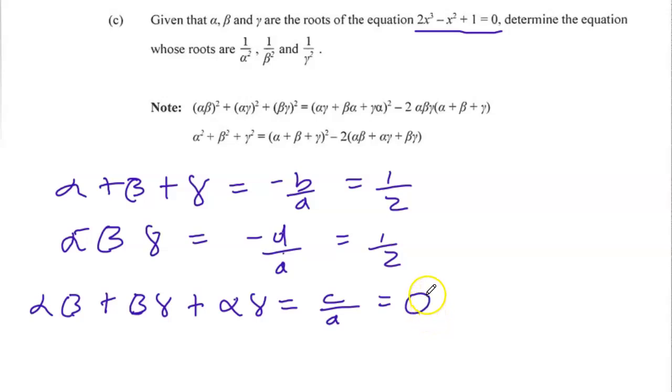Good. So we are to use these to determine the equation whose roots are 1 over alpha square, 1 over beta square, 1 over gamma square. So let's do that.